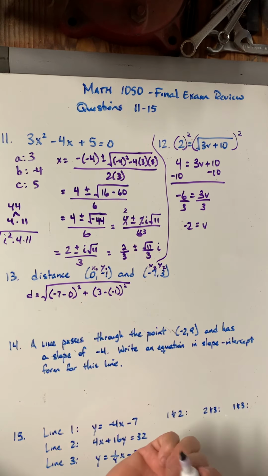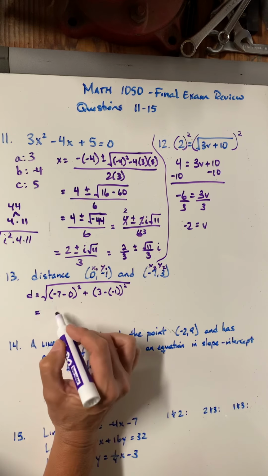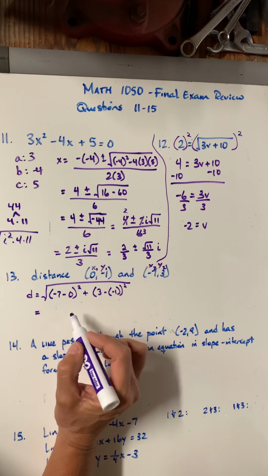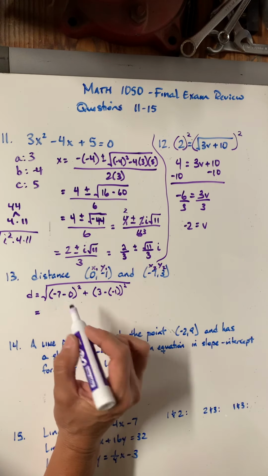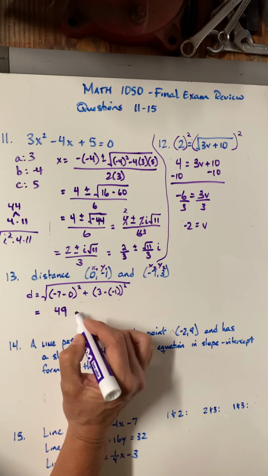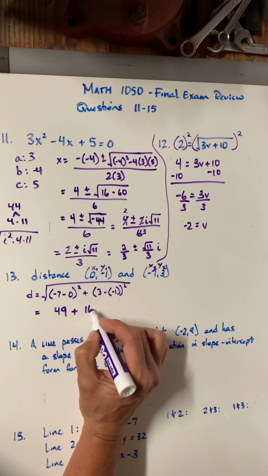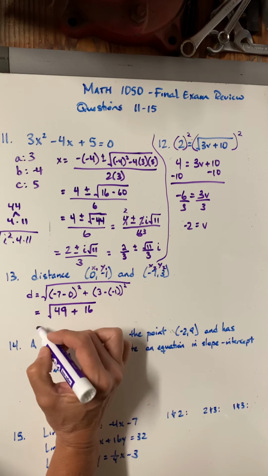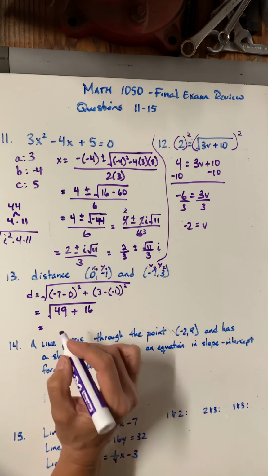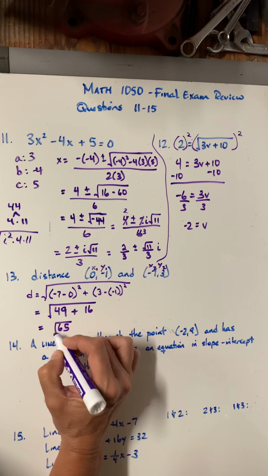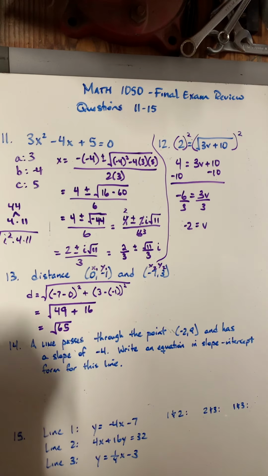So that would be -7 minus 0 is -7, squared is +49, and then 3 plus 1 is 4, squared is 16. 49 plus 16 is 65. So square root of 65 is actually my answer.